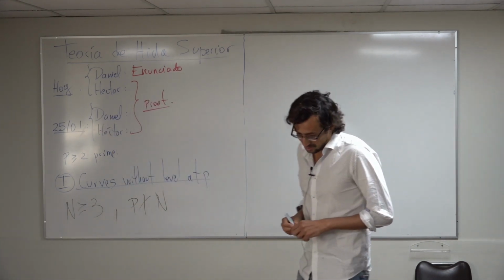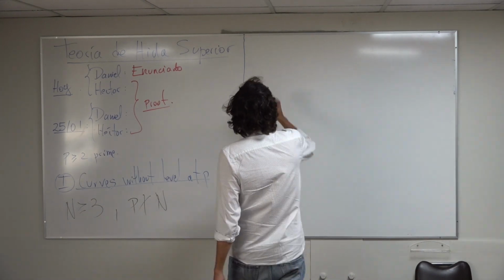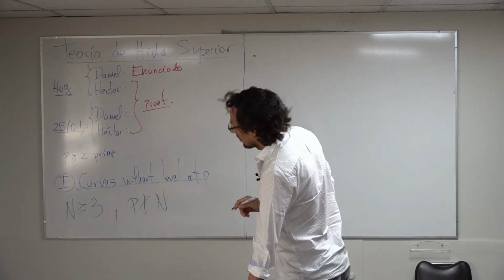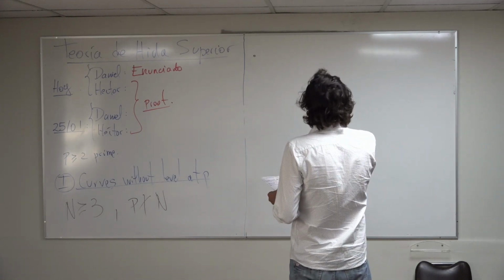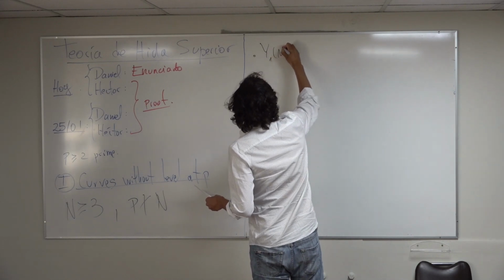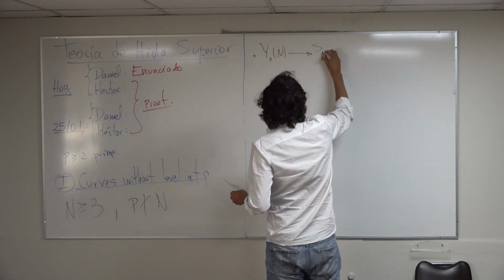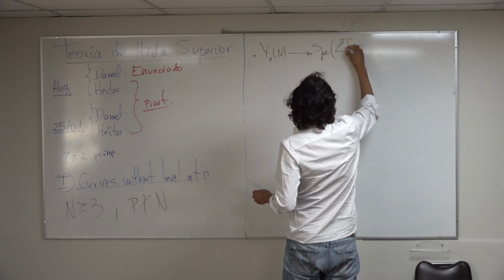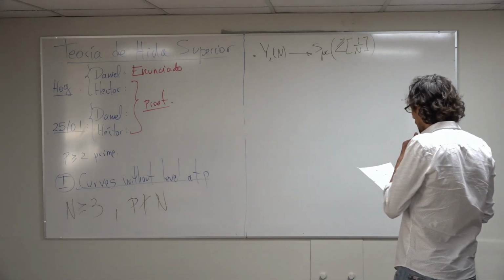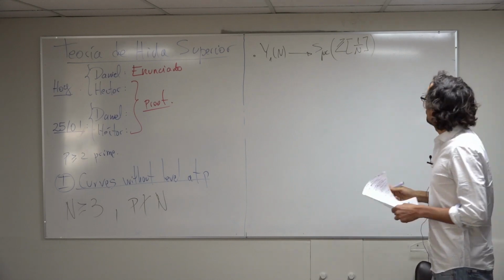Javier introduced the modular curve of level Γ1(N), which is a scheme over Z[1/N].